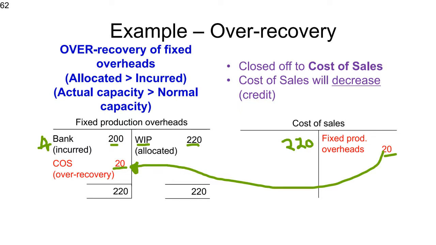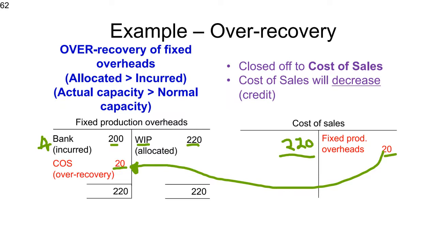You don't understand why we credit cost of sales with 20, because we've brought in 220, right? Do you understand that we brought into cost of sales 220? Everybody understands that we brought in 220. Where did we bring it in from? From inventory, right? The problem is we didn't incur 220.